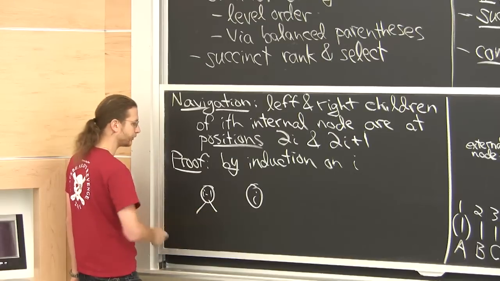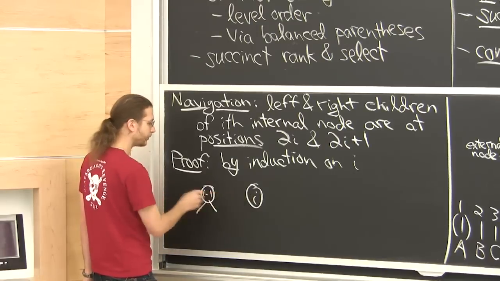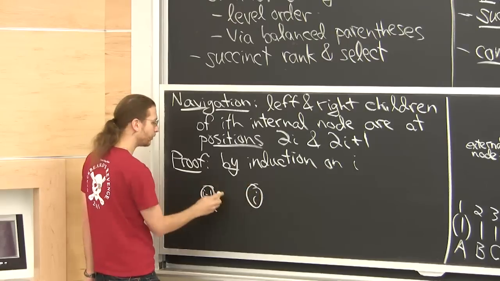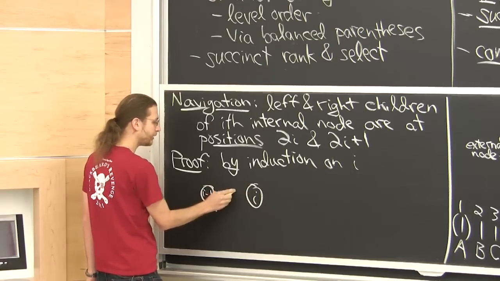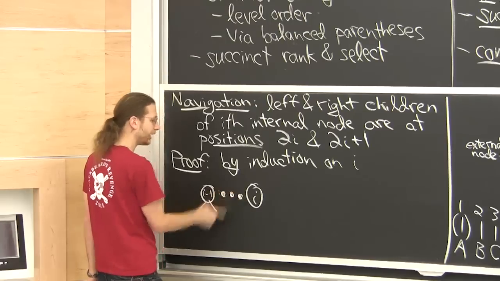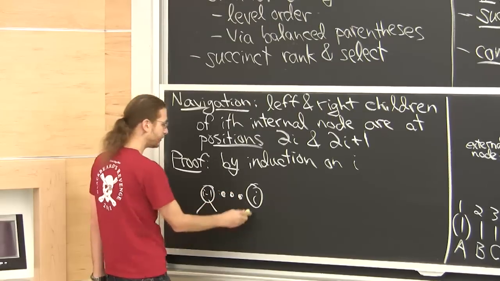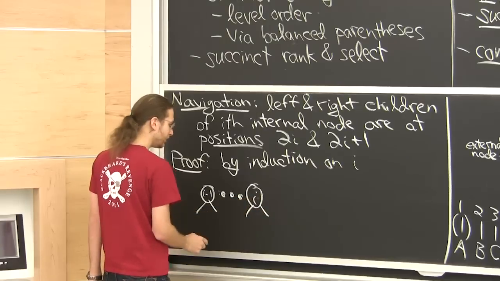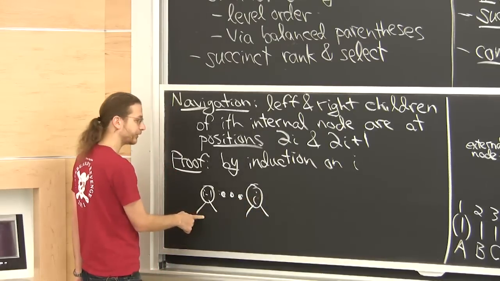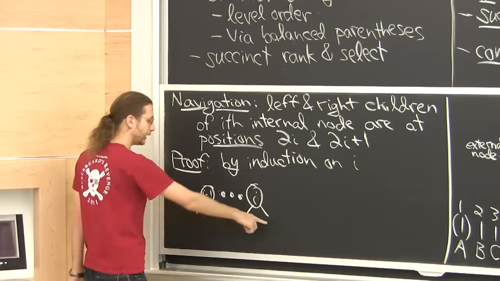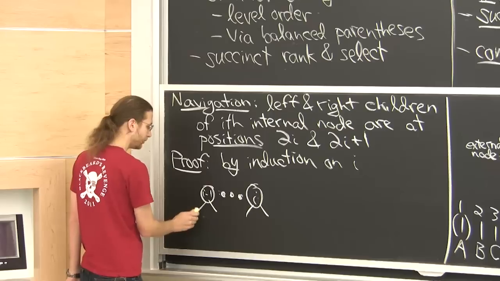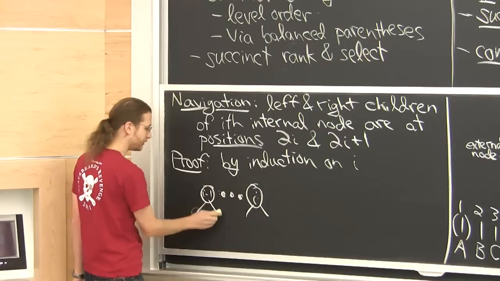Don't know whether they're internal or external. Between them, they're on the same level, and we're in level order, so anything in between here is an external node. So they have no children, which means if you look at the children of i, they're going to appear right after the children of i minus 1 because we're level order.